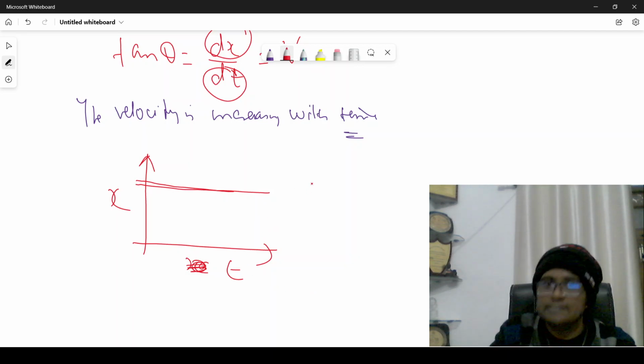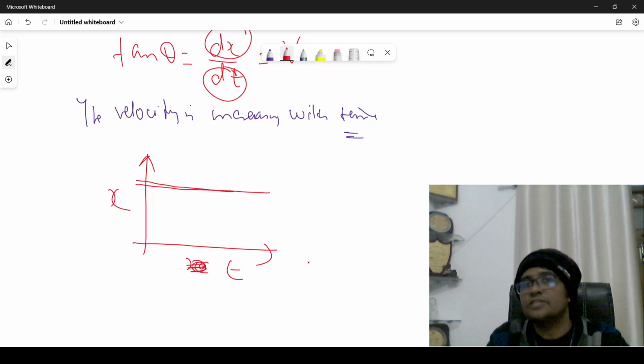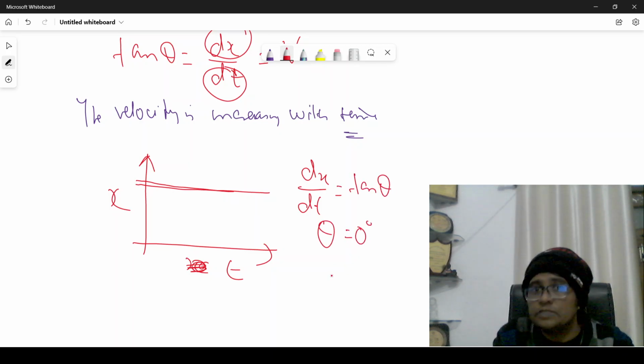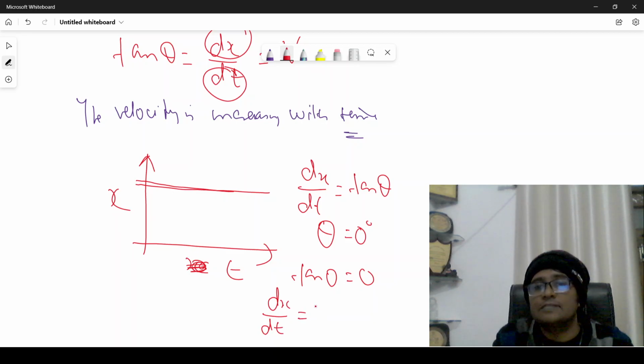We can see that here it is a straight line, right? So dx by dt is what? Tan theta. Theta is 0 degree out here, so tan 0 is what? It is 0.